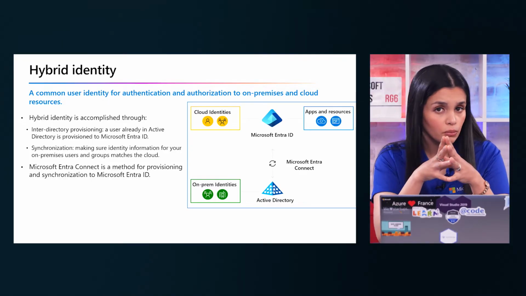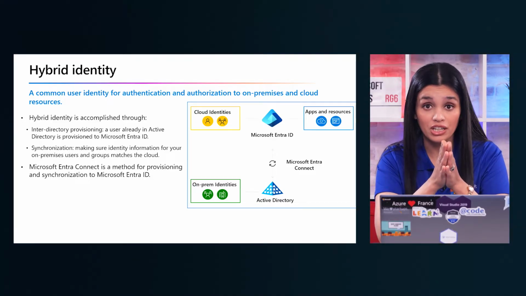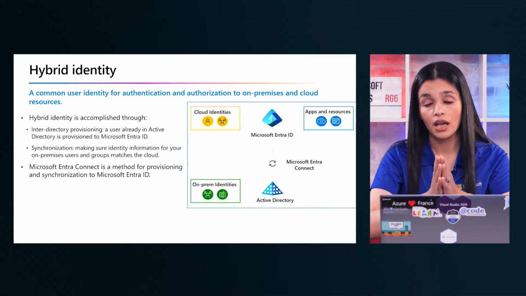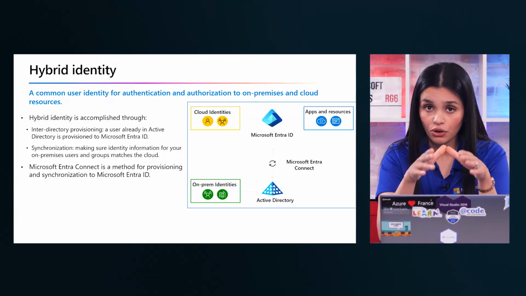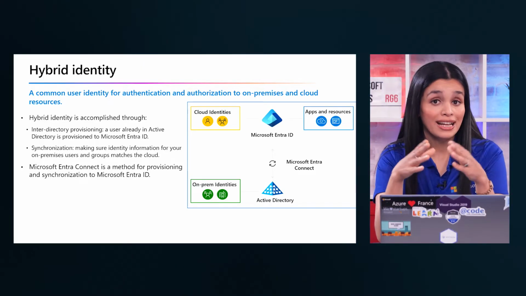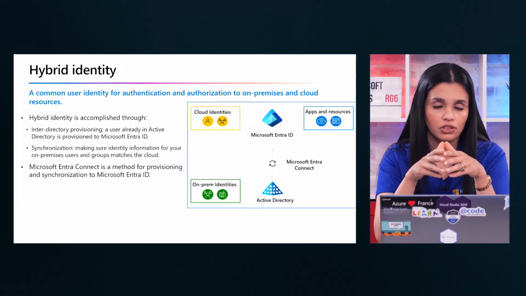One of the available methods for accomplishing directory provisioning and synchronization is through Microsoft Entra ID Connect. Microsoft Entra ID Connect is designed to meet and accomplish your hybrid identity goals for the provisioning and synchronization of users, groups, and contacts to Microsoft Entra ID.